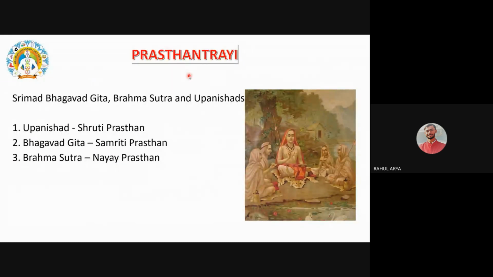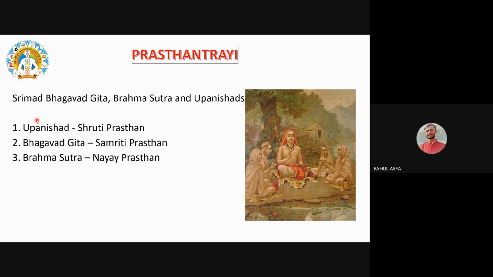Write down which kinds of texts are under the Prasthanatrayi, what is the meaning of it, and what is the importance of the Prasthanatrayi? When you see unit first of paper 2, there also you will find this word, Prasthanatrayi.